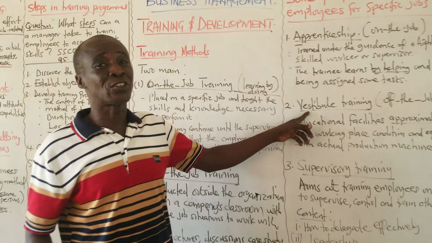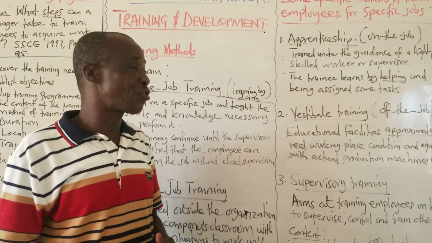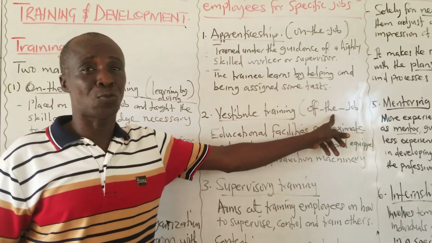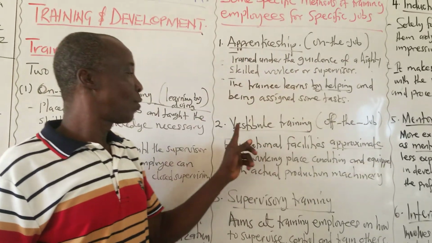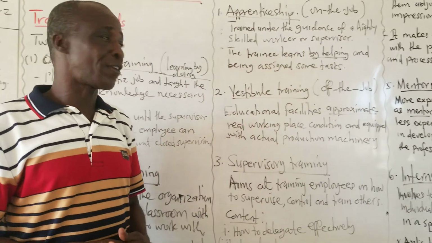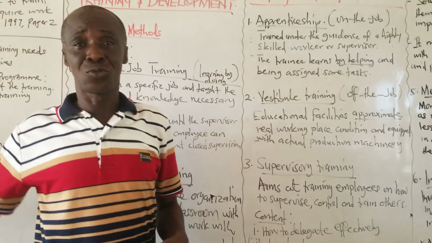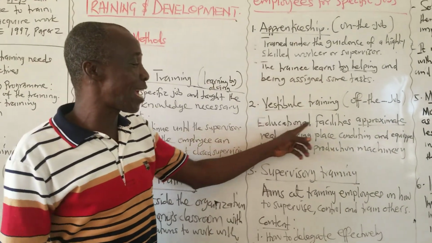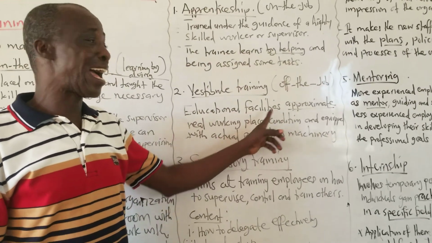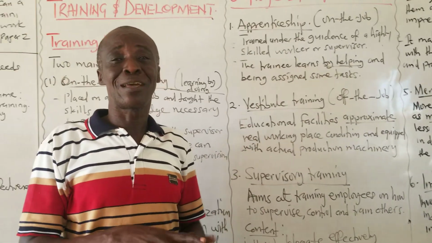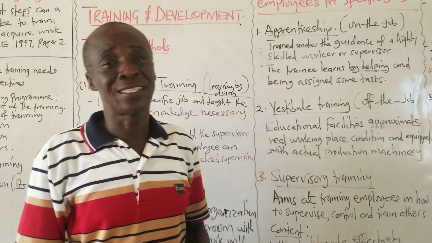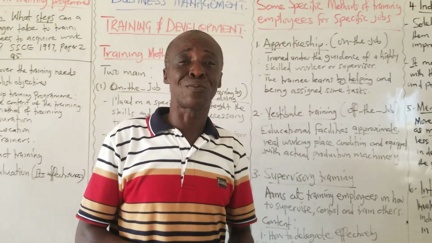The next one I've already told you about, that is vestibule training. That is off the job. Vestibule training is off the job. Apprenticeship is on the job. Vestibule training is off the job. And I've already told you what it is: educational facilities that approximate real working place conditions. When you say it approximates, you remember I told you the machines that you are using at the workplace, when you go there, you will see those machines there.